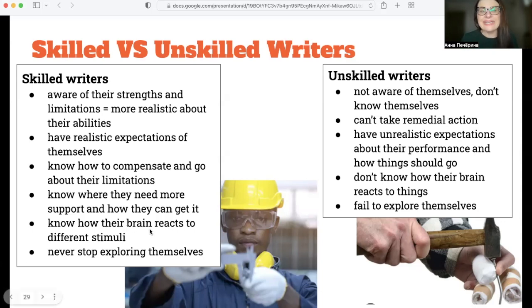I say brain here. I intentionally avoid using the word person. Because if we talk to the students and we try to help them learn about themselves, and you say, look, your reaction is really kind of strange, your reaction, you react, then they may think there's something wrong with them.